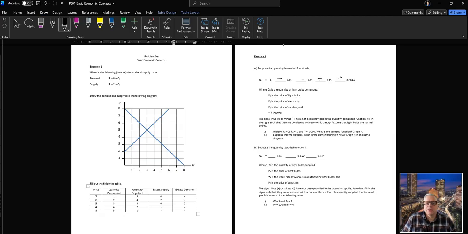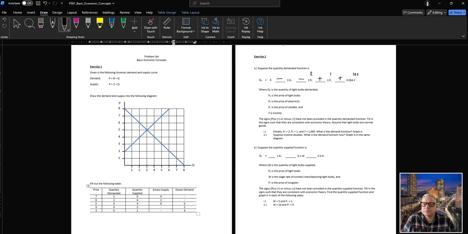Okay, so now we have identified the correct signs, and so now we know that initially the price of electricity is 2, the price of a candle is 1, and income is 1,000.